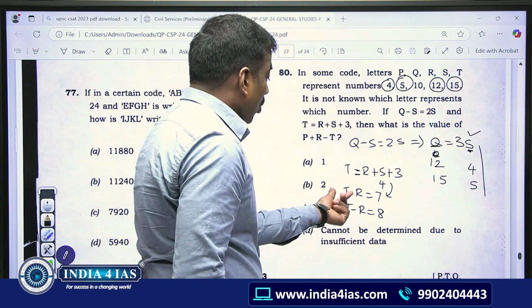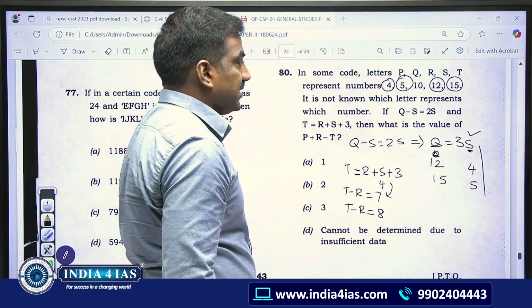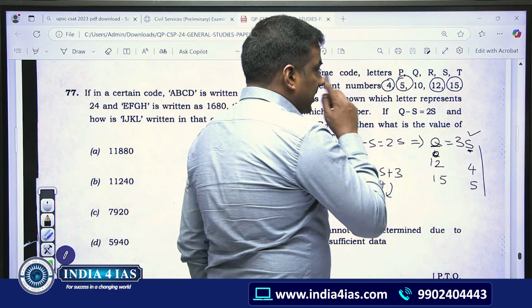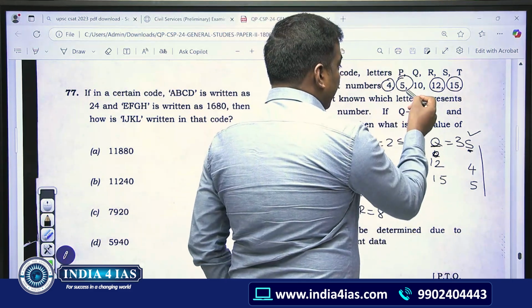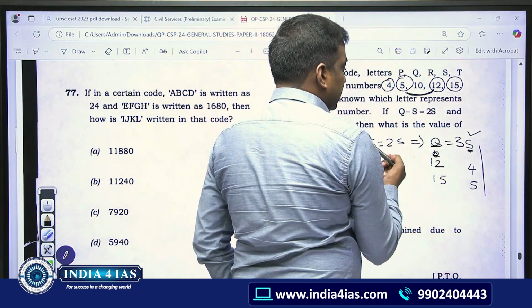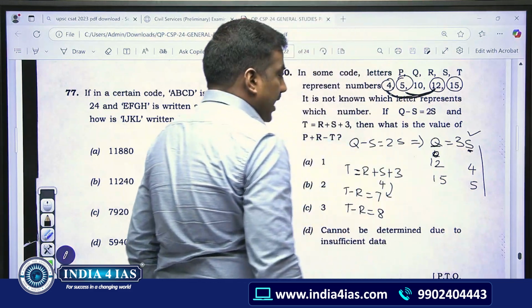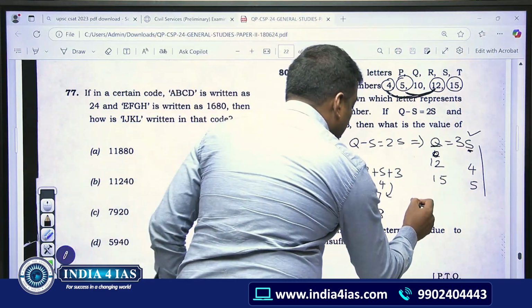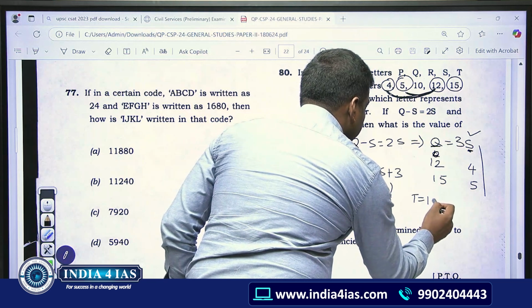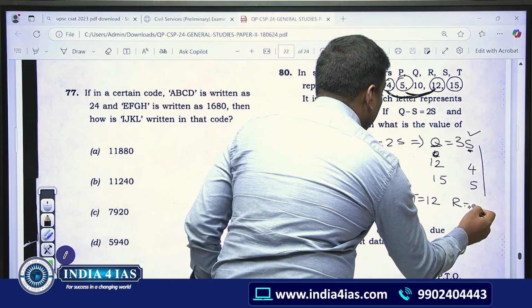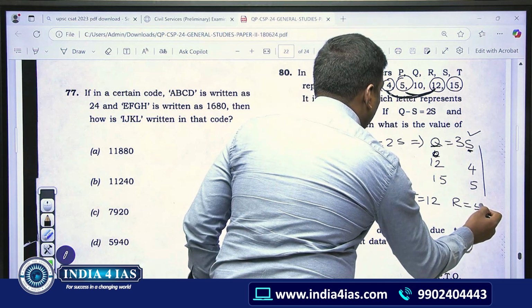So we have to look for T and R whose difference is 7 or whose difference is 8. So where all will that 7 difference come? Among the given numbers, 5 and 12 give us 7 and 4 and 12 give us 8. So in that case, T has to be 12 and R has to be 5.